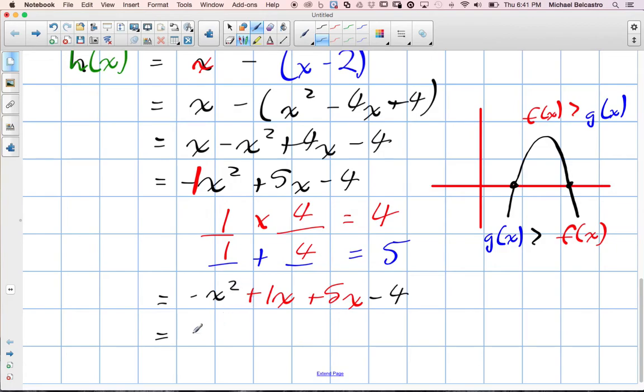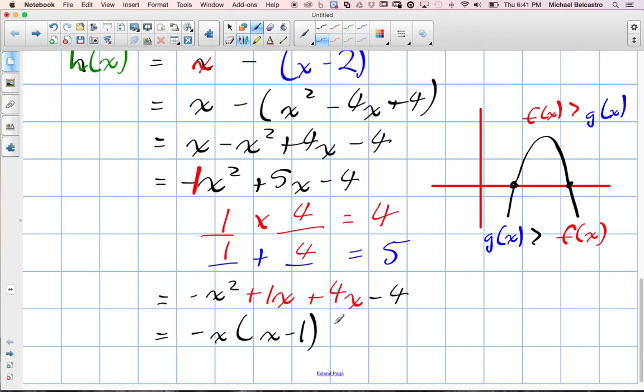Yes, let's factor out negative x. That leaves us with x minus 1. Oh, sorry, the value should have been 4, not 5. I wrote 5 in. It's all right. Caught our mistake. We can common factor out a value of 4.